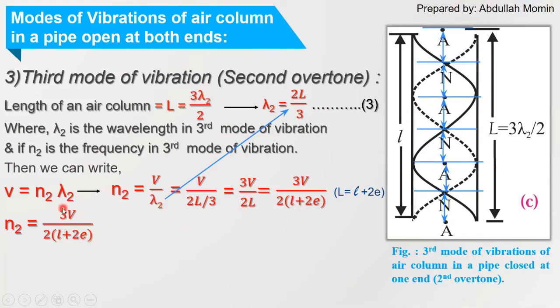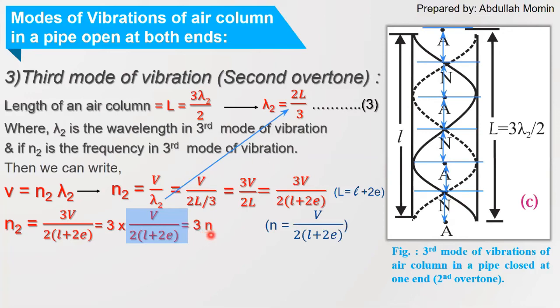Now we write 3 separately, and this term is nothing but the fundamental frequency of vibration of the air column when the pipe is open at both ends. So instead of this highlighted term V by 2 into small l plus 2e, we can write n. So this equation can be written as 3 into n, because n is equal to V upon 2 small l plus 2e.